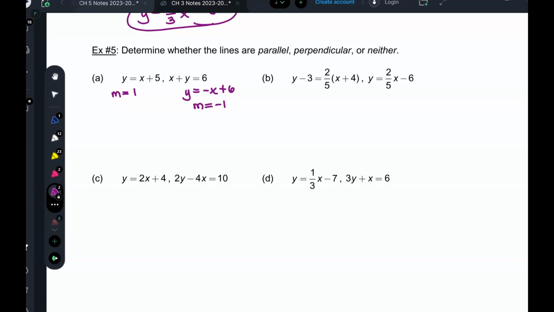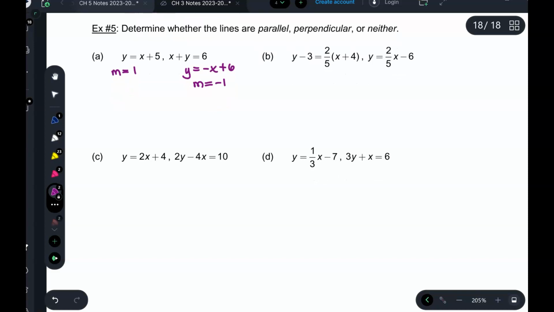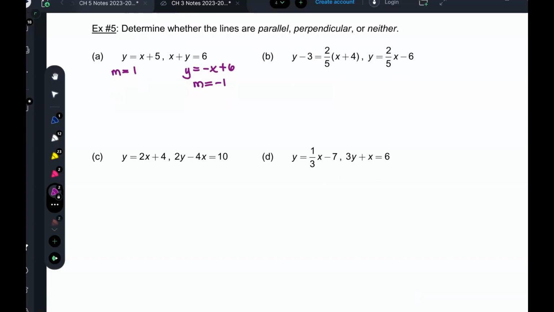They're negative reciprocals. If I multiply these, do I get negative 1? Then I know they're perpendicular. Oh, because it's 1 and negative 1. How do you know that m equals 1? Because there's no coefficient in front, so we assume that's always 1.